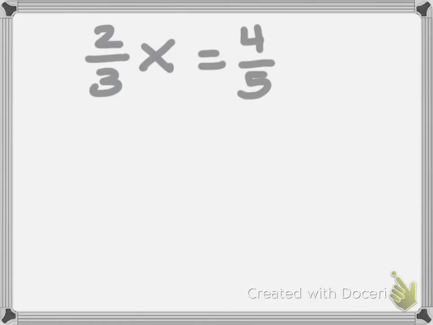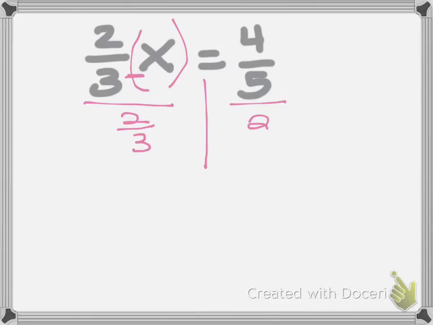Okay. When we talked about adding and subtracting, and when we had integers, it's the opposite operation. So what I would think here is, well, this is multiplication that's happening, so to undo it, I need to divide. Except the difference here is that instead of dividing by a whole number, I would need to divide both sides by the fraction 2/3.